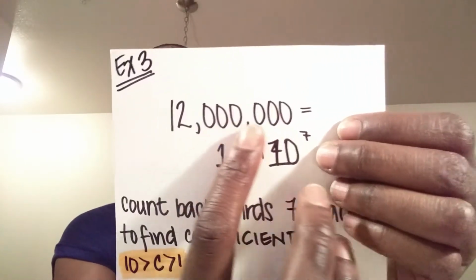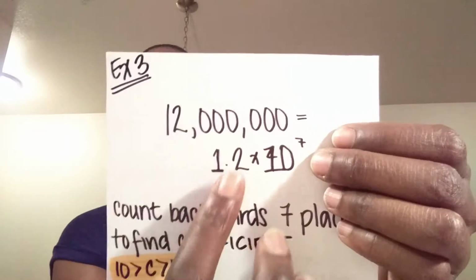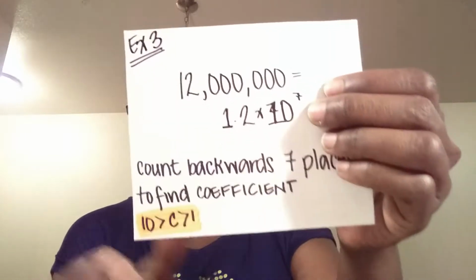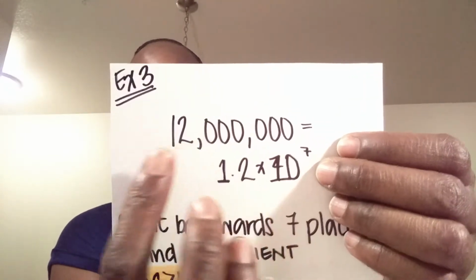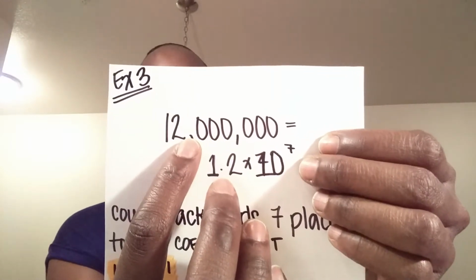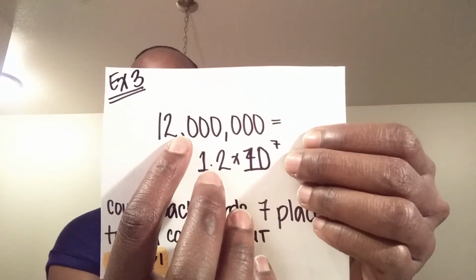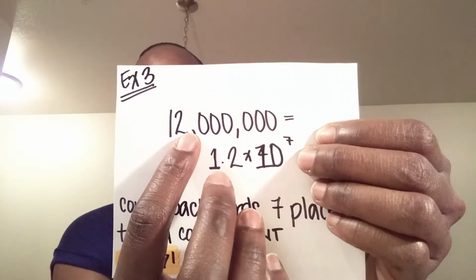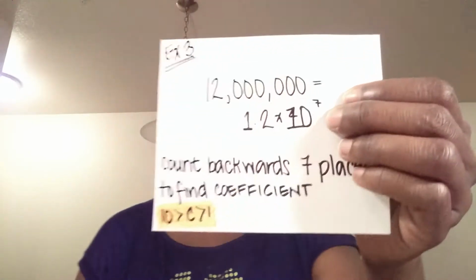And we're making sure to count all of our places after the decimal point. Because it wouldn't be 12, because that doesn't fulfill the value. It has to fulfill the value. It has to be true, making sure that the coefficient is greater than 1, less than 10.